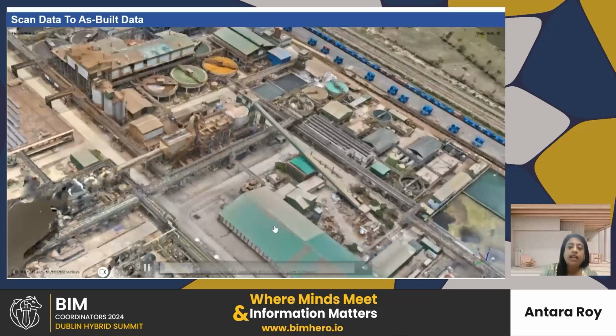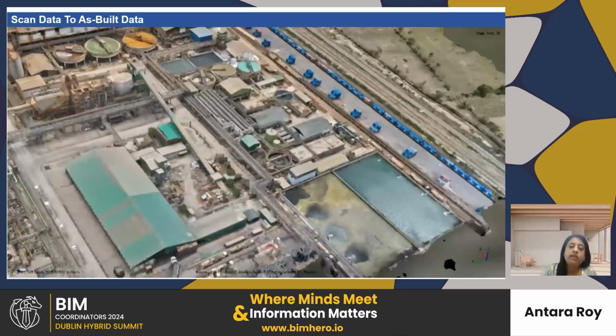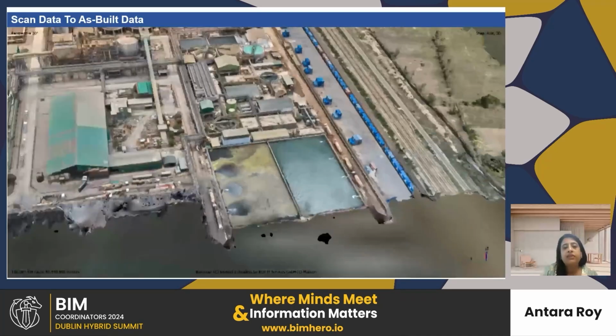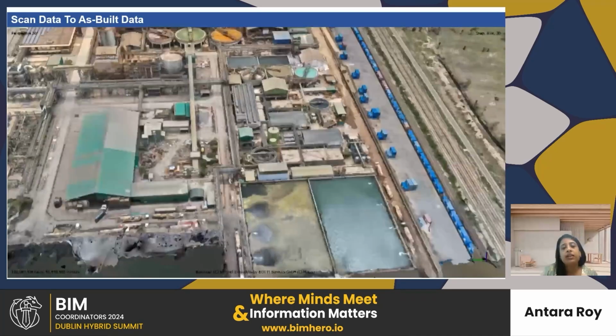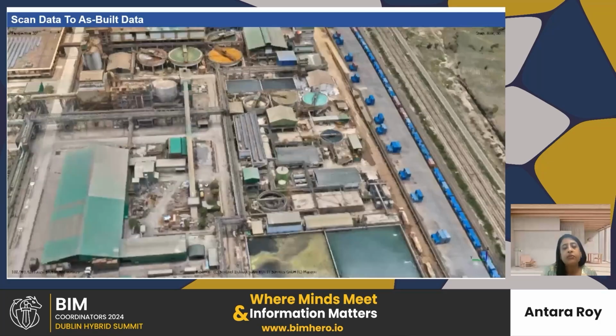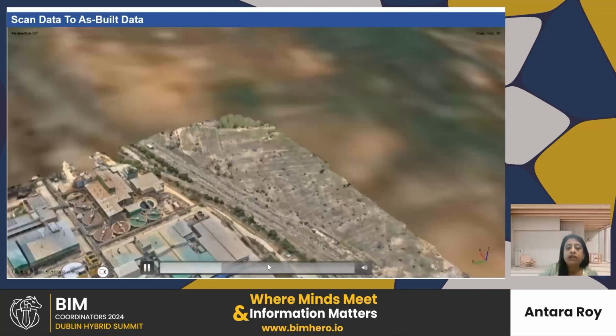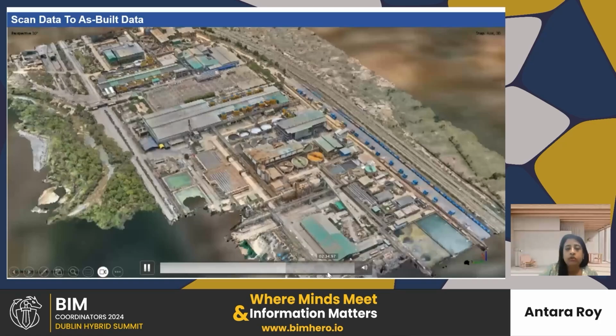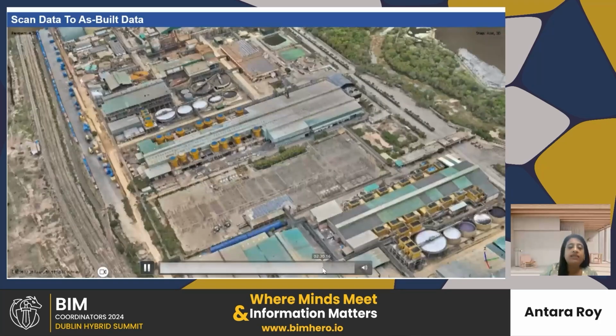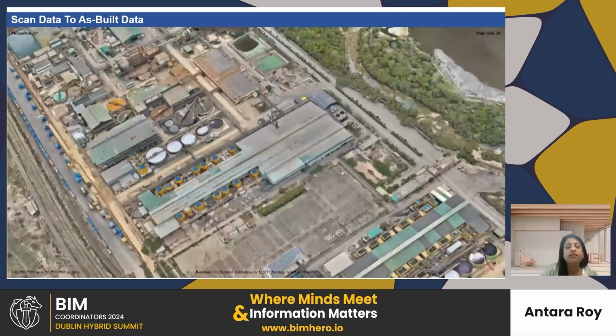With the help of this drone survey, we again create the point cloud and mesh. From there, we gather the as-built data, and with that as-built data we create the detailed drawings and get all the 2D drawings. Based on those drawings, the site is erecting very smoothly.